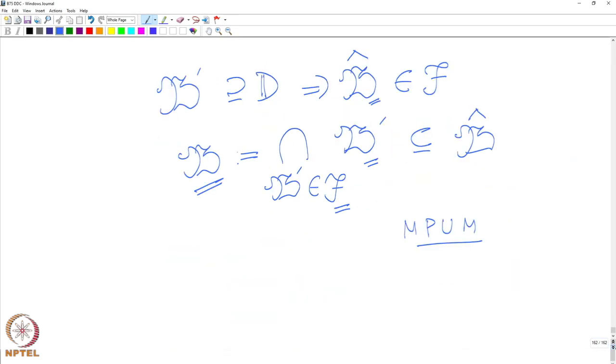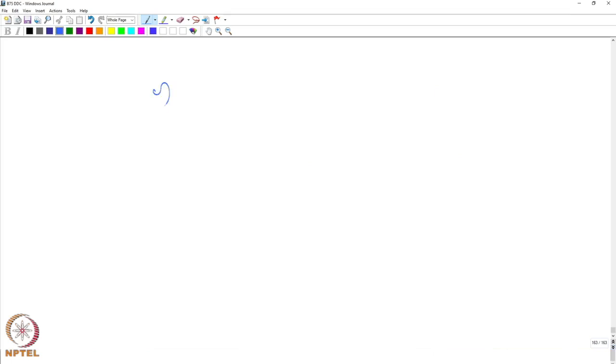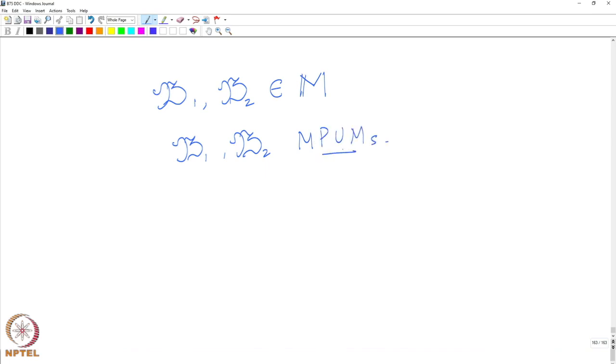And then uniqueness will follow automatically, because suppose there are two models B1 and B2, both MPUMs. Then because both are unfalsified, B1 contains the data, B2 contains the data.